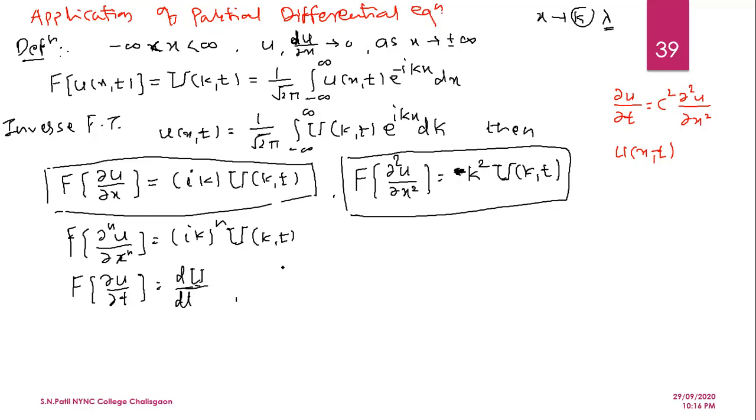And for the second order derivative with respect to t, the Fourier transform is the second order derivative of capital U with respect to t.